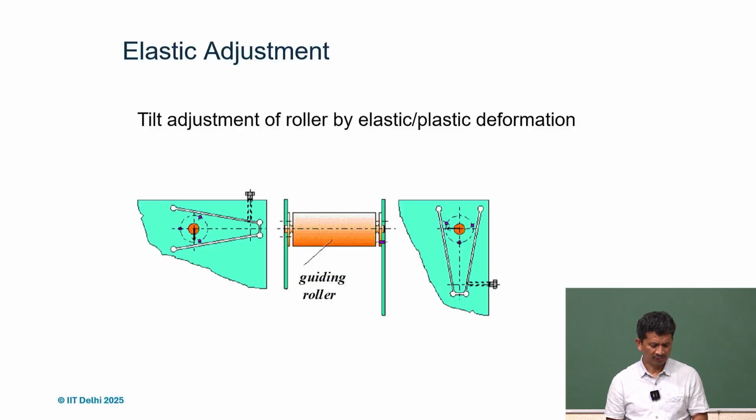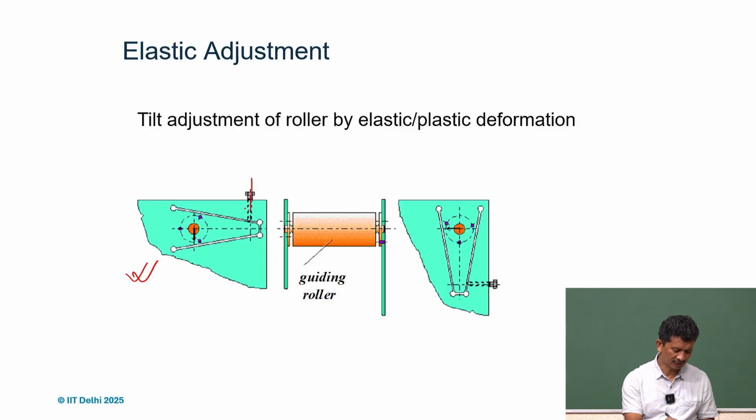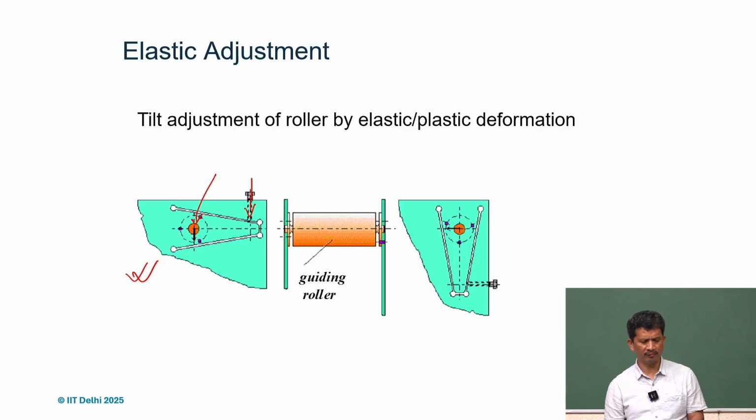So we need a very good adjustment, and we have to maintain that parallelism. How do we achieve that? You can see that along one side we can have this adjustment, and the bearing axis here is mounted on a tapered cantilever.